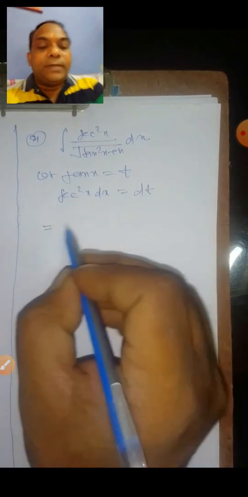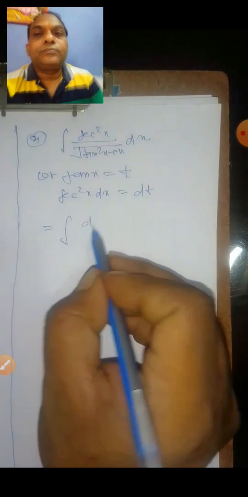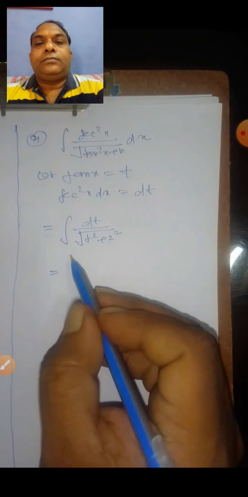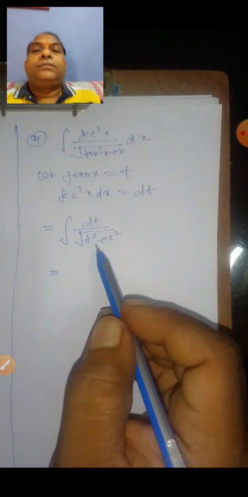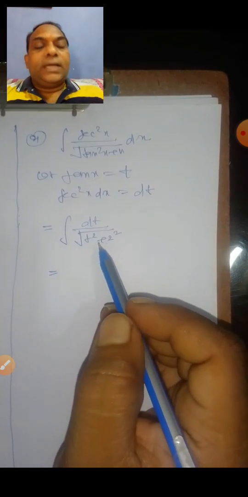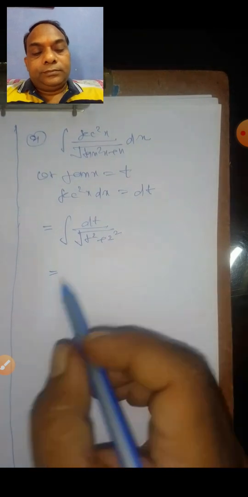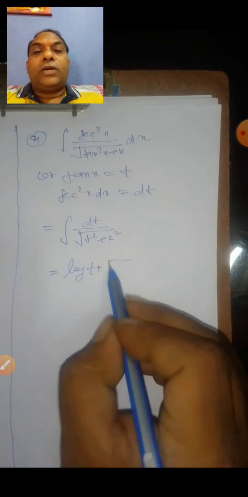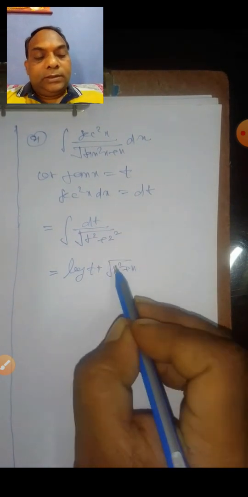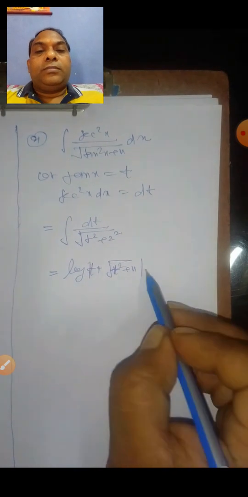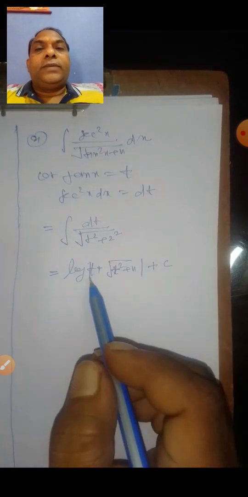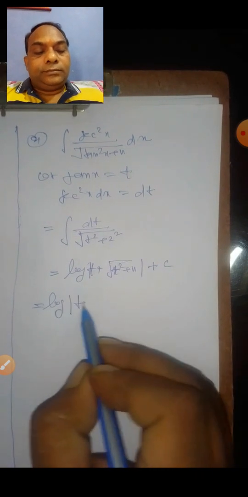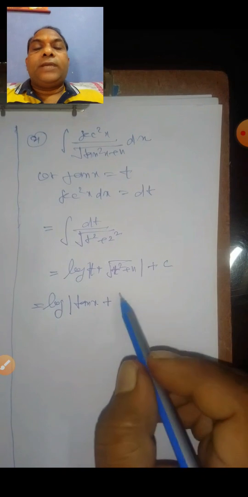So this will be equal to integration dt upon root t square plus 2 square, which will be equal to log t plus root t square plus 4 plus c, and put the value of t. Then you have the answer.